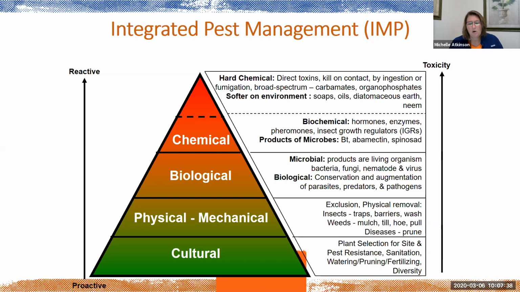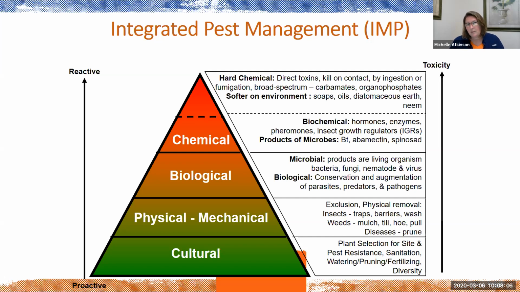That would be mechanical. Biological would mean using those living organisms to help fight your problem. So the ladybugs, or the weevil for the Australian pine, and the beetle for the air potato plant can be utilized. And then as kind of that last resort, we go to chemical.